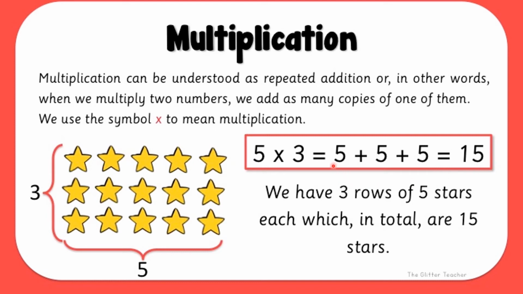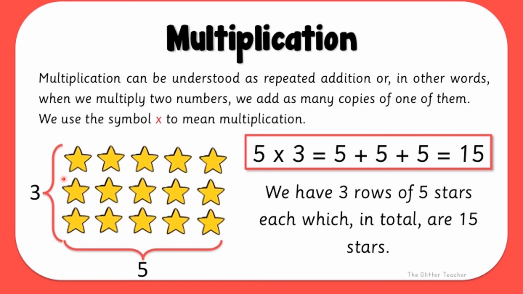Let's see, 5 plus 5 is 10 and 10 plus 5 is 15. Here also you can see there are 3 stars that she collects every day, and there are 5 rows. That means she collects it for 5 days. So here also you can count the stars. As we can see here, she is collecting 3 stars each day, and she has collected them for 5 days.